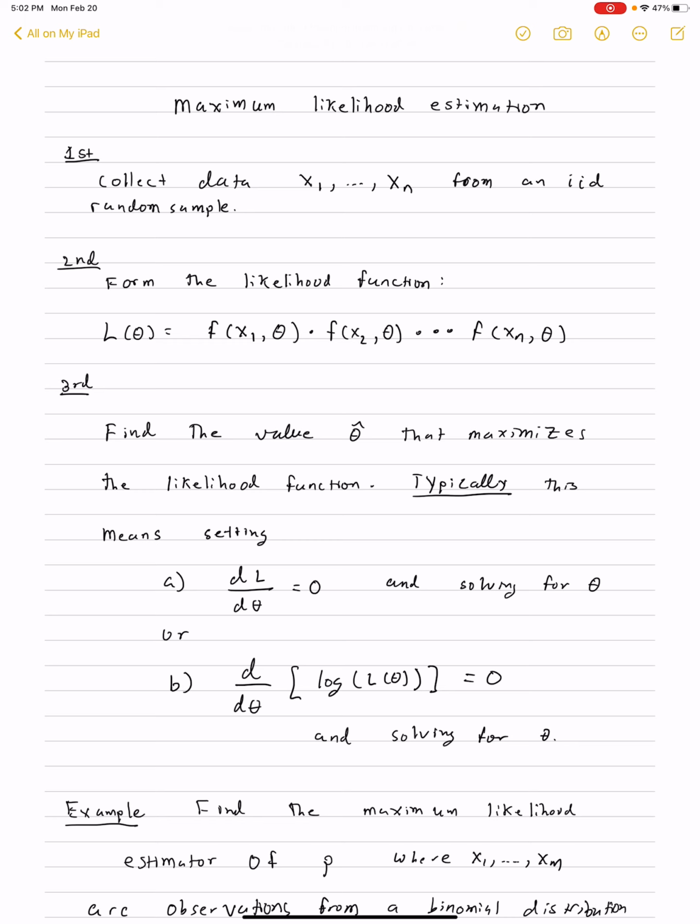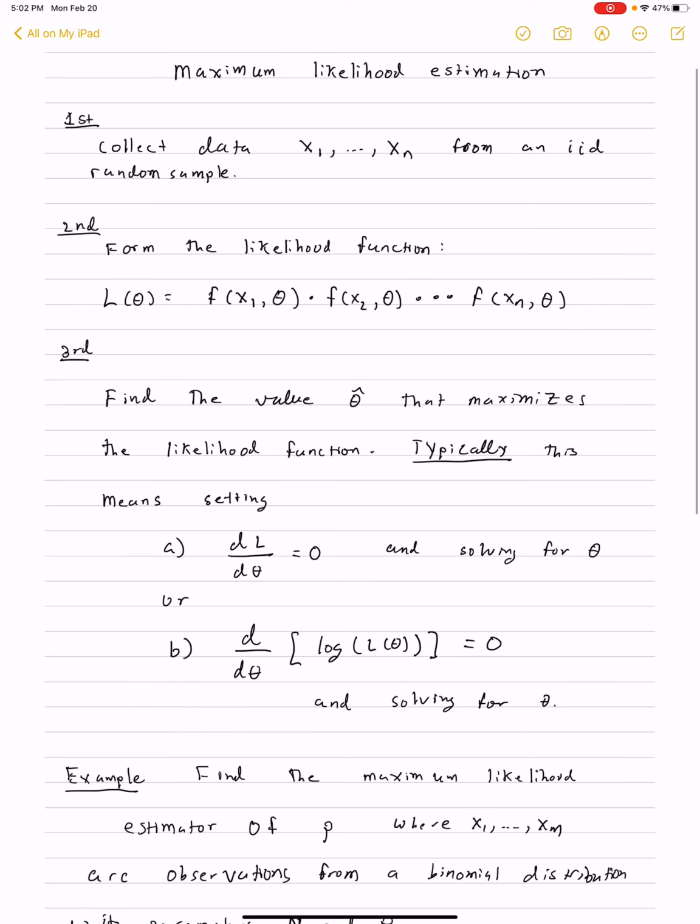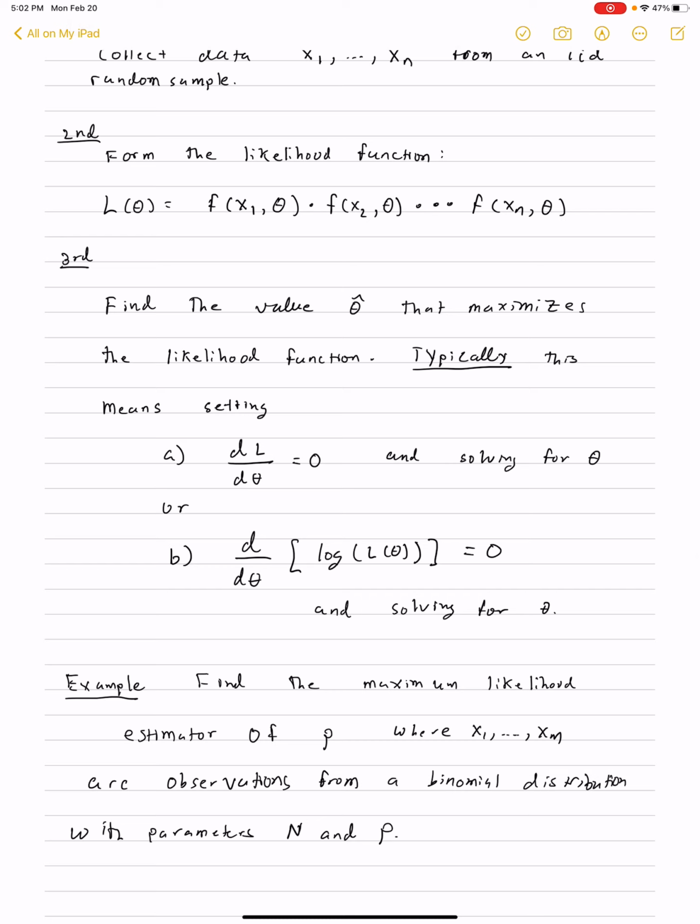Your next step is to find the value of theta hat that maximizes that likelihood. After all, that data was observed, so it should be the most likely data to occur for the given parameter.